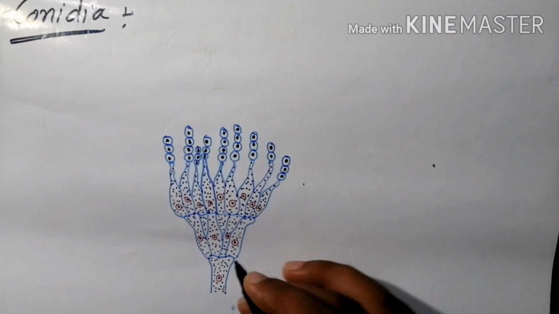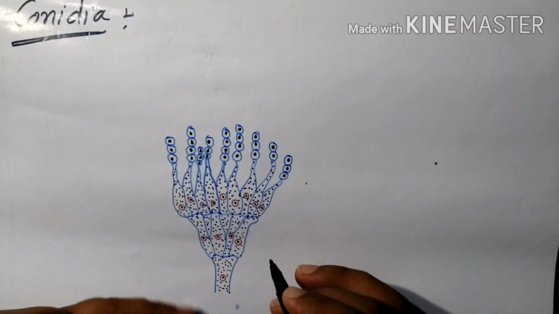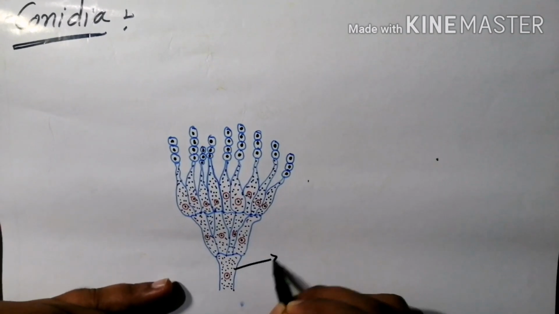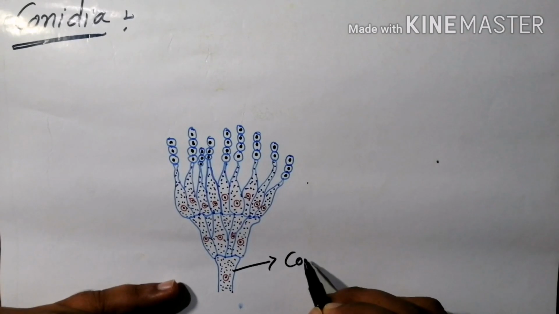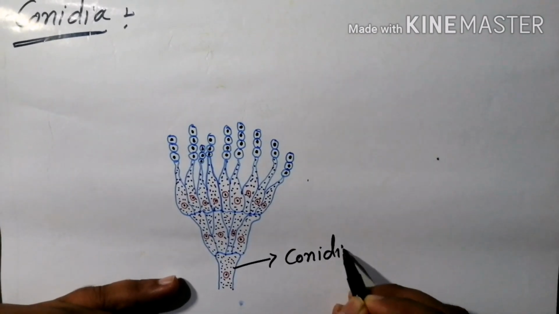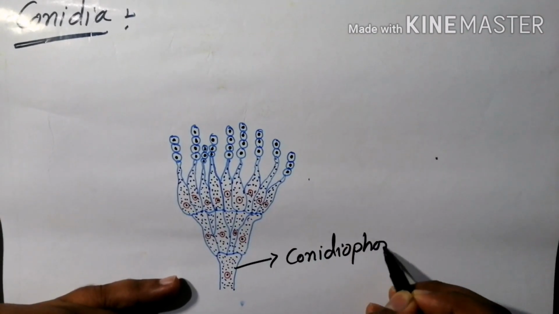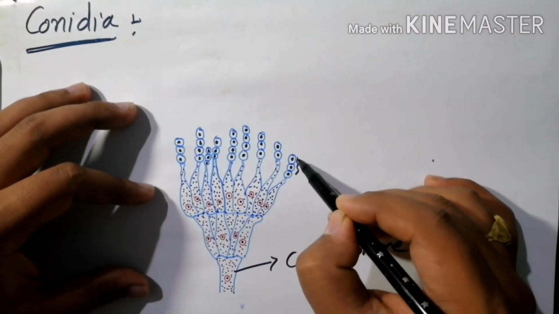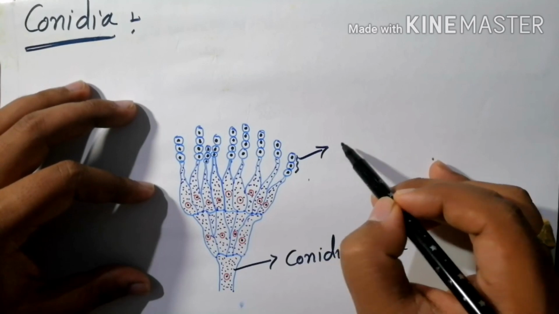Before going to this structure, I will also tell you what the hyphal joints are. This is the conidiophore, and these are the conidia.